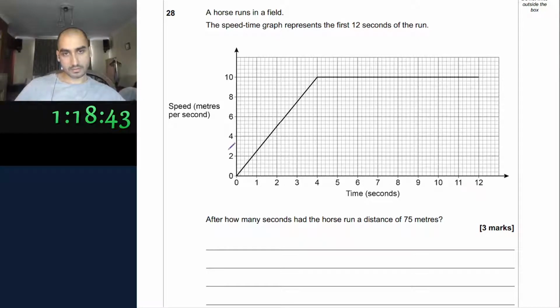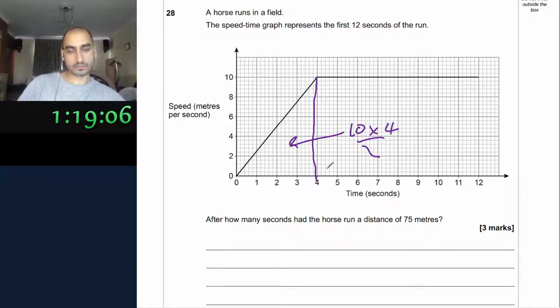All right. So how many meters has he run here? It's 10 times 4 over 2, equals 20. So he's run 20 meters here.